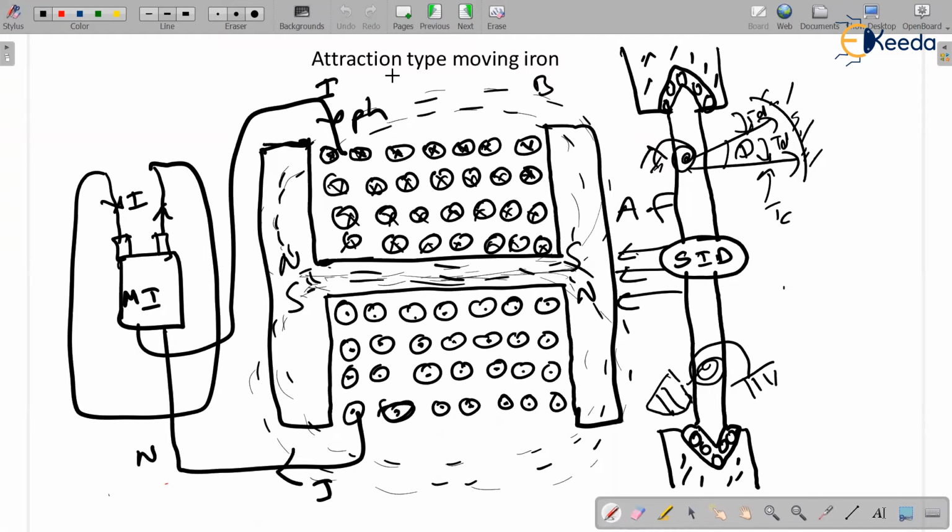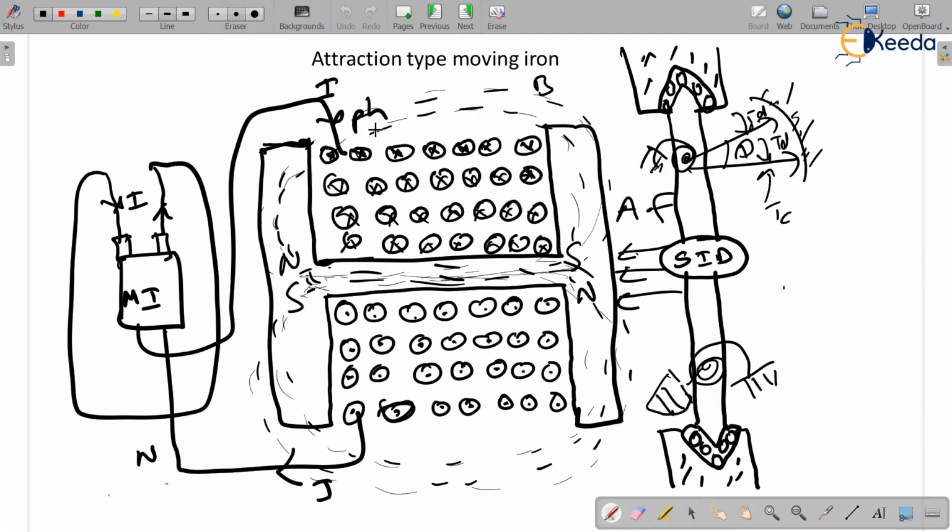So this is the attraction type moving iron instrument. The simple logic behind it is how deflection torque is produced in it: force between a current carrying coil and a soft iron disc.